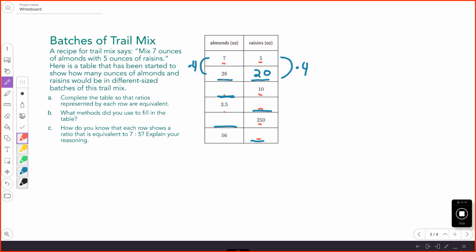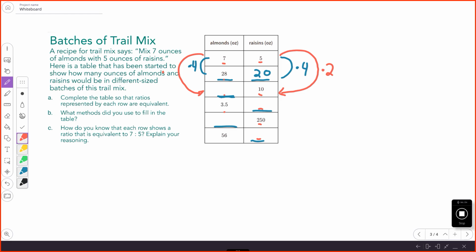So here, let's do the next one. To go from 5 to 10, that's going to have to be times 2. So this also is going to have to be times 2. So now it is your turn to go ahead and finish the table.